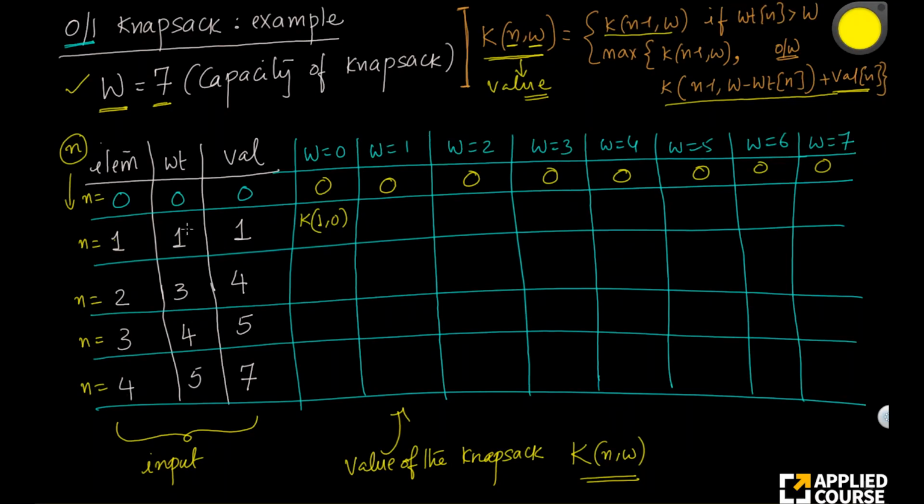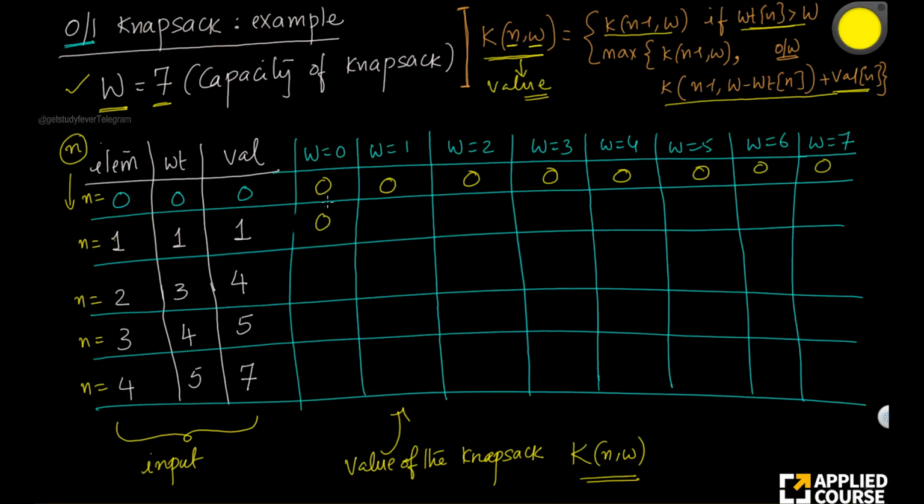Because the weight of this item is greater than the capacity of my bag, so it satisfies this condition. Hence, K(1, 0) is equal to K(0, 0), which is equal to 0. So this will be 0.